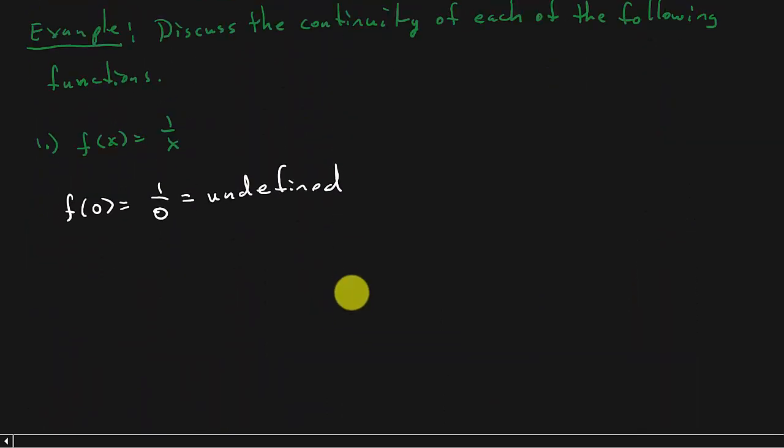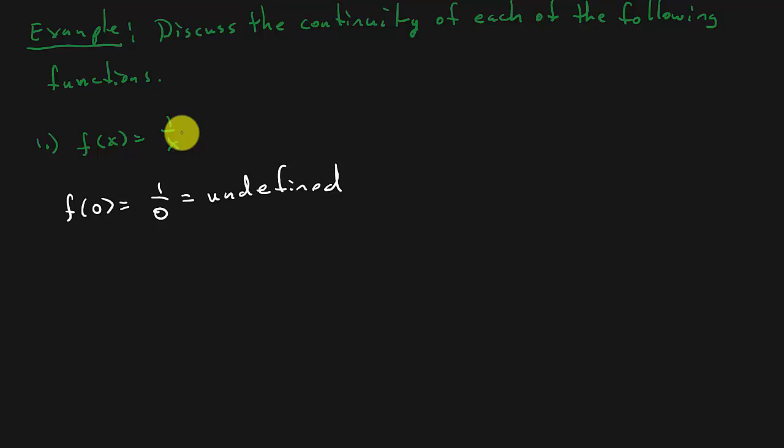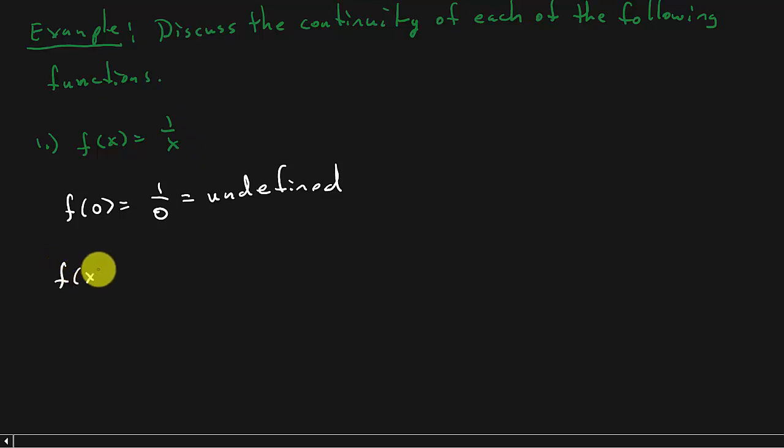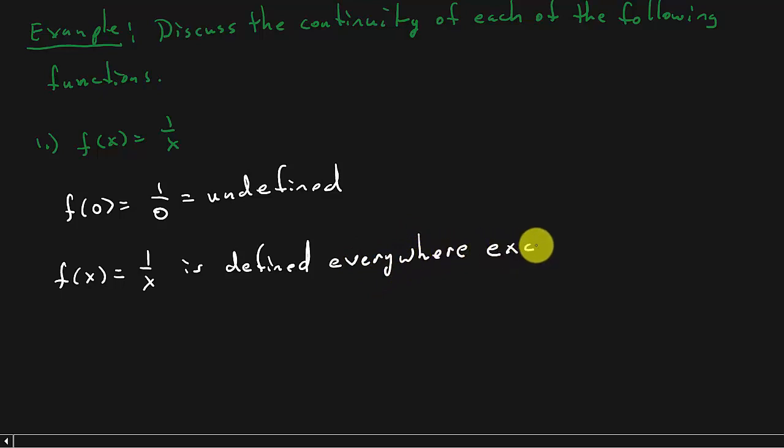And now let me ask you this. Is there anything else that would make 1 over x undefined? No, we can plug in any other number for x. So f of x equals 1 over x is defined everywhere except x equals 0 because it's undefined there.